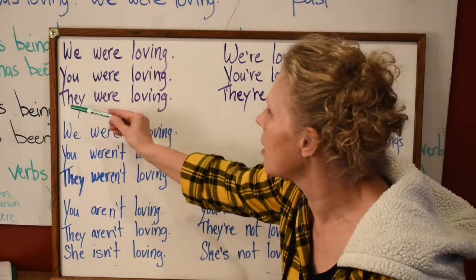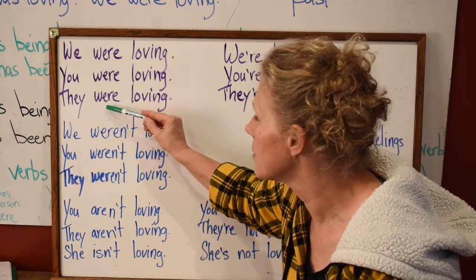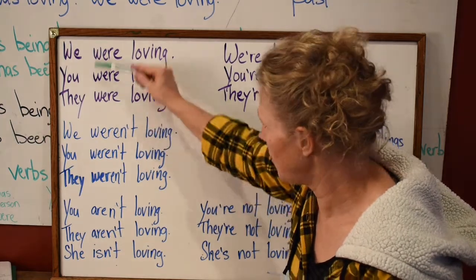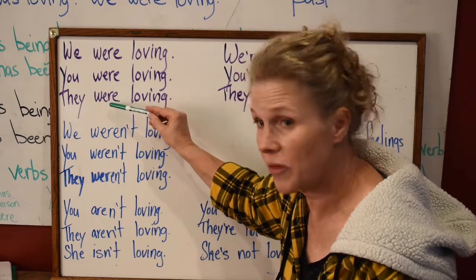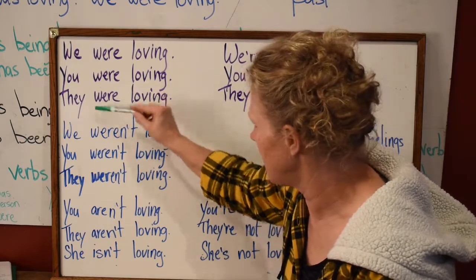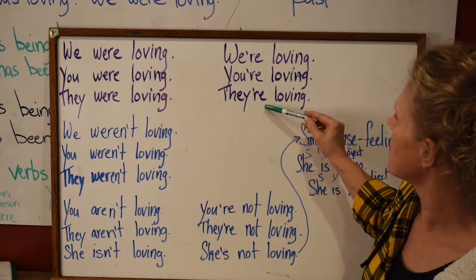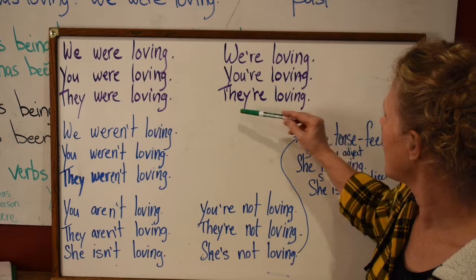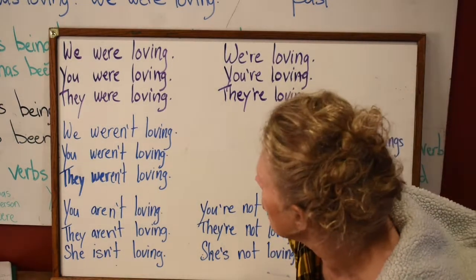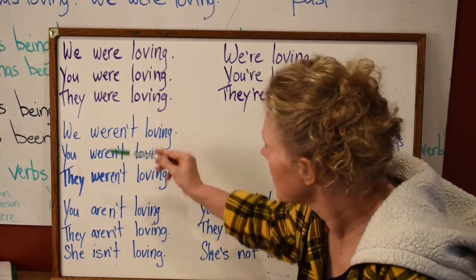See how you cannot contract the subject with the verb with the past tense. You can't contract the subject with the helping verb that sits in the past. "They are," "they're." This is the present tense verb "are." "They're loving."